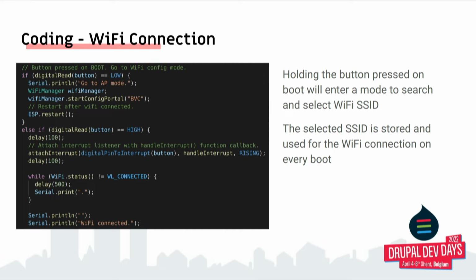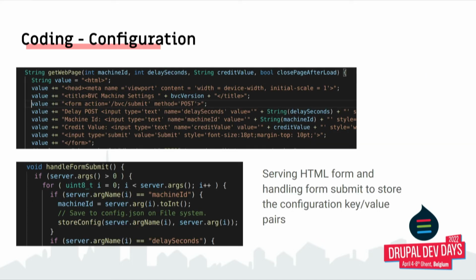If you don't press the button, it tries to load the SSIDs from the configuration. So pretty much this is it. It's a good thing if you move the device or you want to change the SSID. So it's a good thing to have a button, so you have a chance to boot the device in different modes.